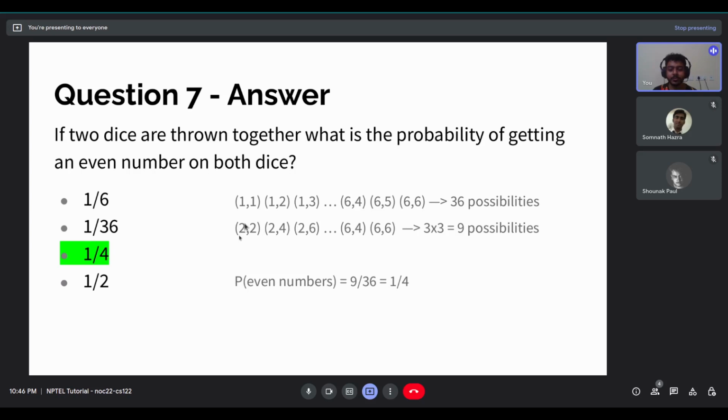If we write them down, 2 2, 2 4, 2 6, and so on up to 6 4, 6 6. Basically we have three even numbers, so the number of combinations will be 3 into 3, which is 9 possibilities. So the probability of even numbers will be 9 divided by 36, which is 1/4.